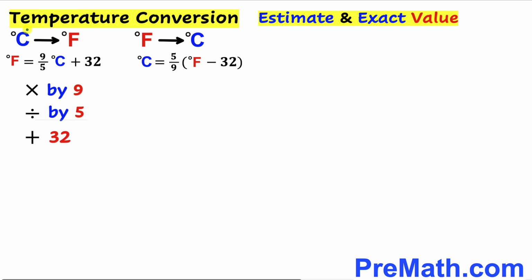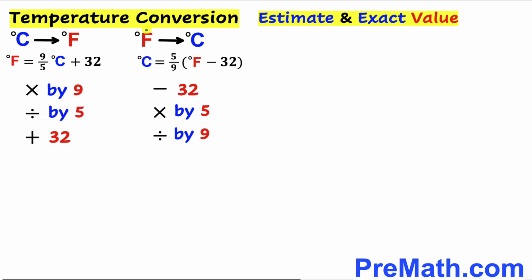And likewise, if we are going to get the exact value from degree Celsius to Fahrenheit, then this formula is going to give us these steps. We are going to multiply degree Celsius by 9, and then we are going to divide by 5. And finally, whatever value we get, we are going to add 32 to it.